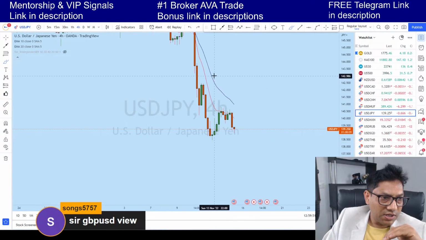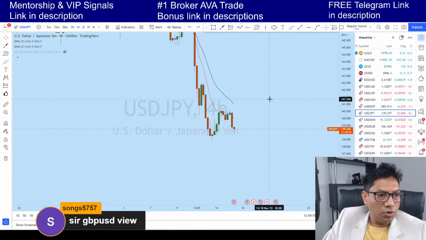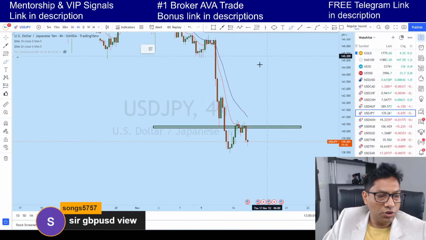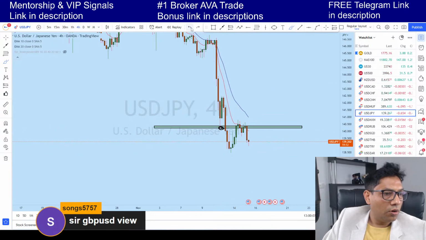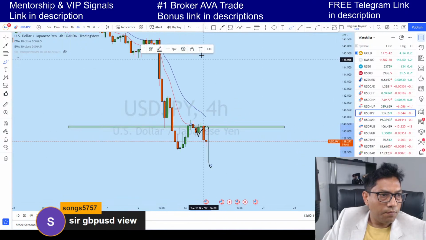So the price is below this resistance zone, which is the previous support zone turning resistance. Support here is turning resistance here. As you can see, there is a mini double top.